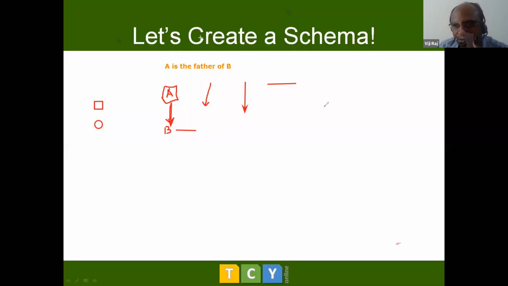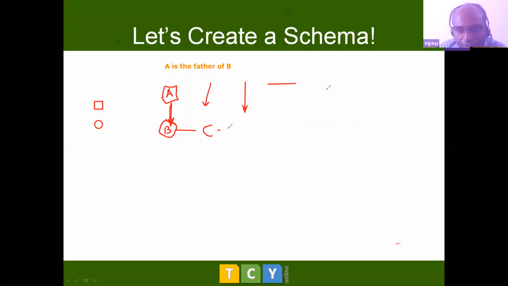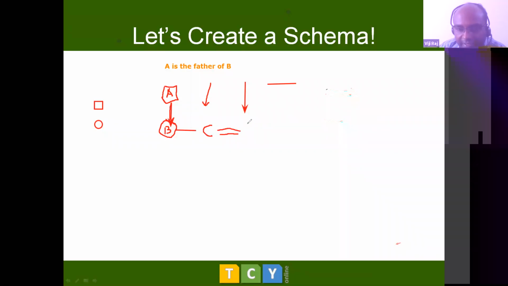To show a husband-wife relationship, we will use a double line or a double arrow, whatever suits you. Now, we have a situation where D is said to be the husband of C, right? So if D is the husband of C, we will use a double line to indicate that.